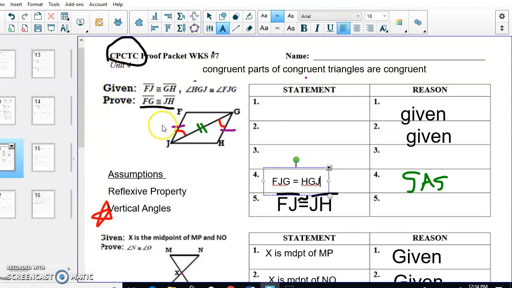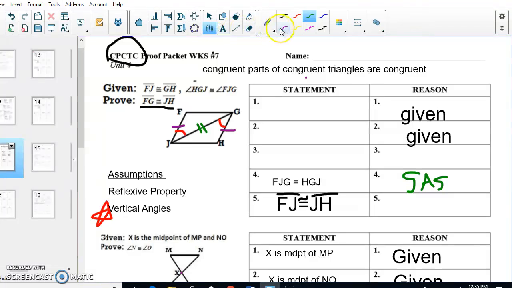But be careful, that's not what they're asking you here on these pages. There's some that they are, but most that they're not. Here they're asking about CPCTC, which you should have read in your notes. Since I showed that these triangles are congruent, we're just taking it a step further, and I can now say that FG is congruent to JH by CPCTC.